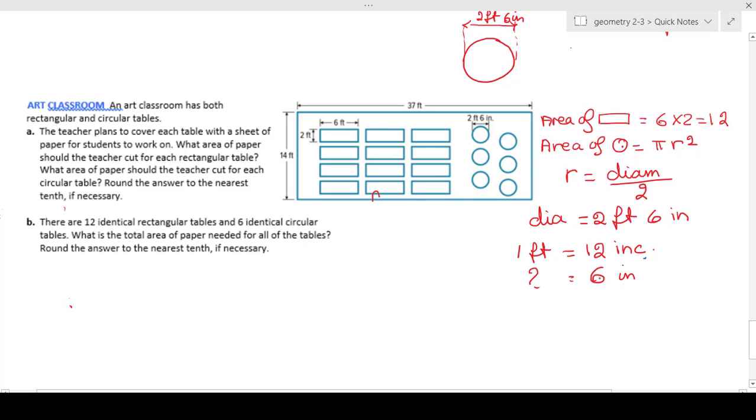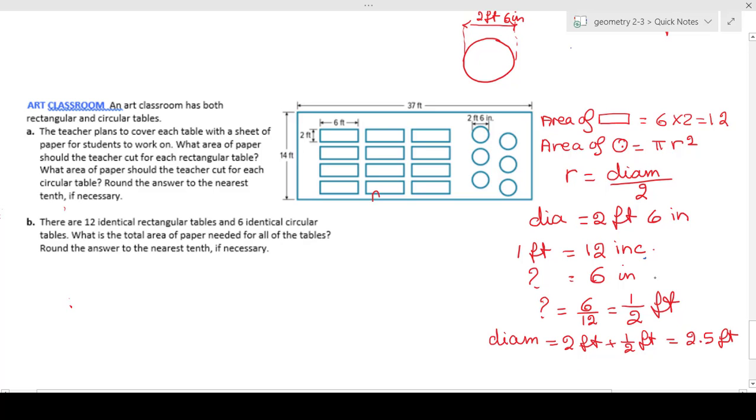So I'm simply going to do cross multiplication, and it's going to give me question mark equals 6 divided by 12, which is equal to half a foot. I'm going to take this half foot and add it to the 2 feet. So my diameter here was equal to 2 feet plus half feet. This is equal to 2.5 feet.